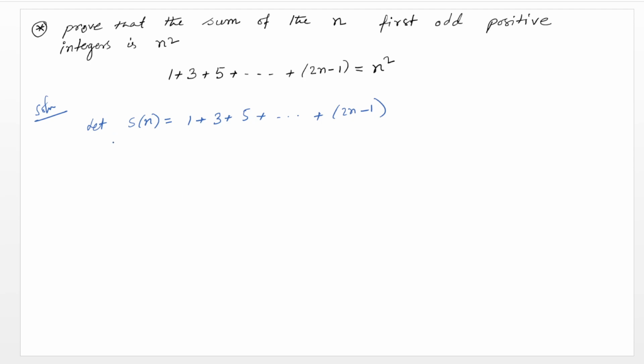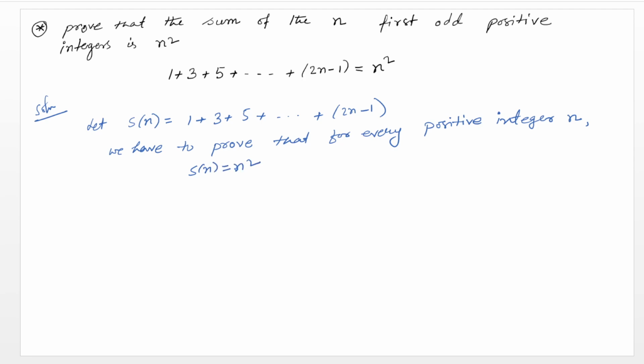And we have to prove that for every positive integer n, S of n is equal to n square. For every positive integer, obviously the first n odd positive integers, S of n is equal to n square.